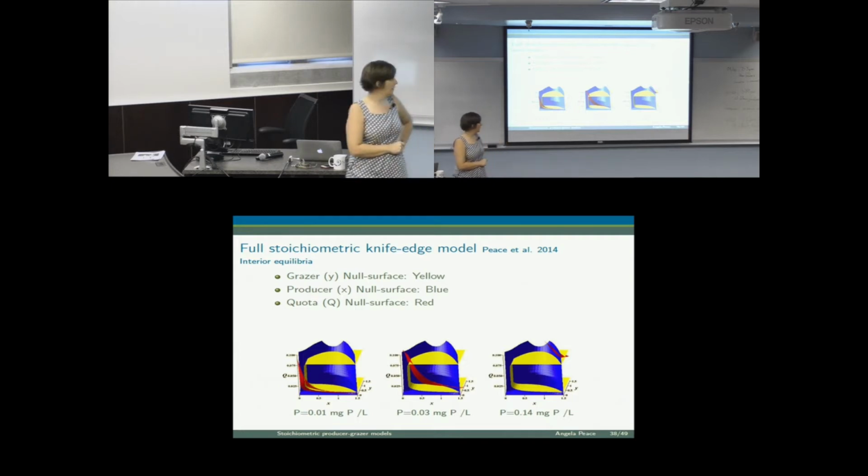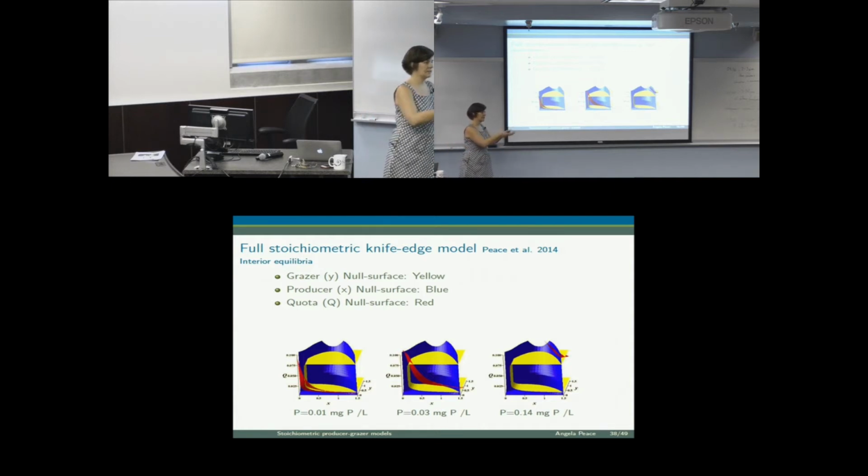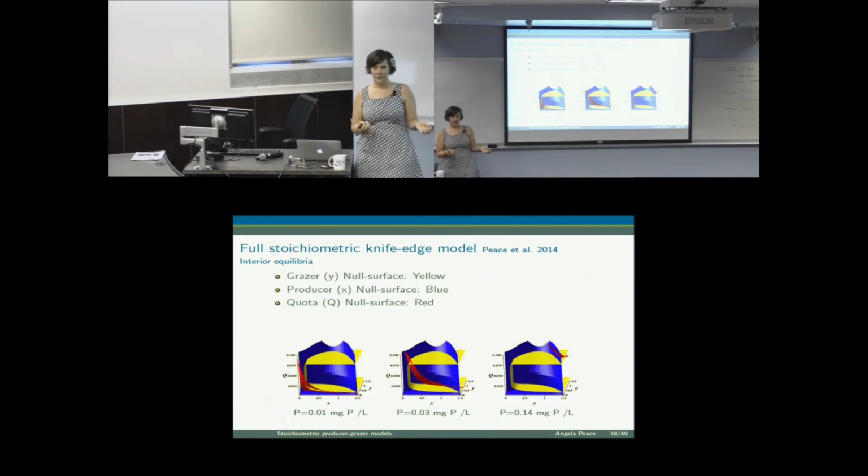The blue surface is the producer null surface. It's also staying constant across these 3 graphs. And what's changing is the red null surface. The red null surface is the Q surface, or the phosphorus to carbon ratio of the algae. And you can see how it changes. For low amounts of phosphorus, it's down here. As you increase phosphorus, this red plane sweeps through this space until it ends up here. Remember that equilibria occur when you have the intersection of all 3 of these planes. So we were able to look at the intersection of all 3 of these planes, run simulations, and see when they were stable and unstable.